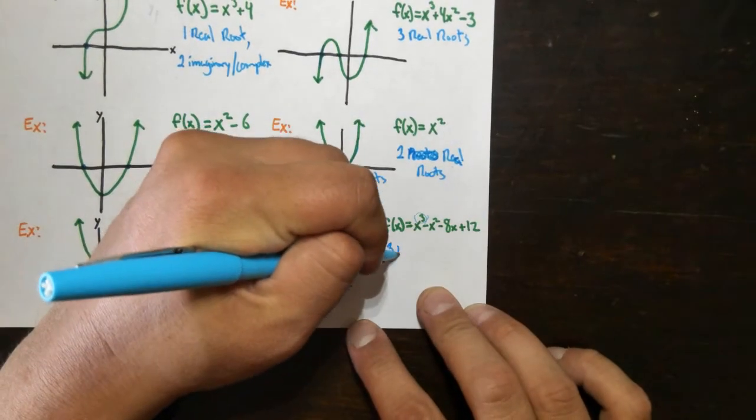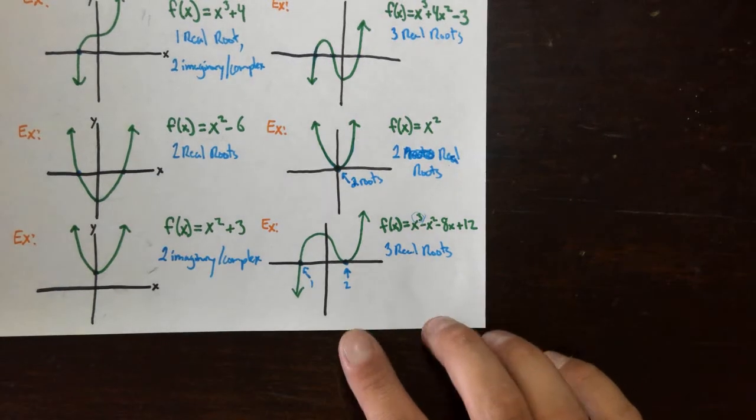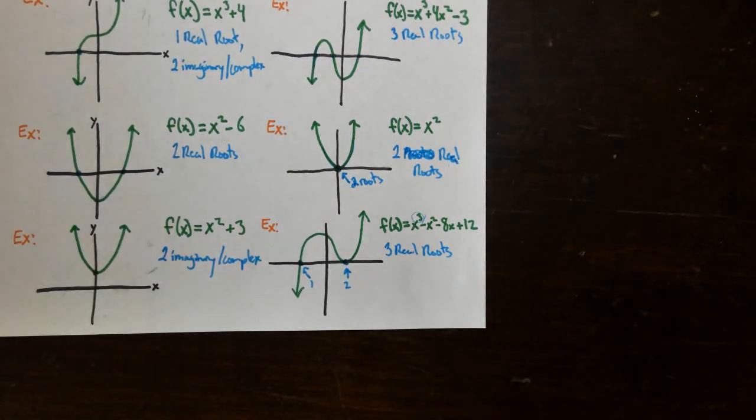So 3 real roots. So that's what I'd like y'all to do on the first half of the assignment that we'll be doing today. We just want to identify what kind of roots these functions have.